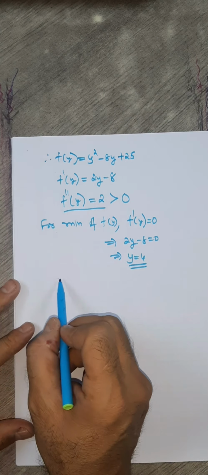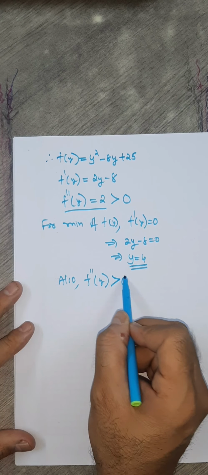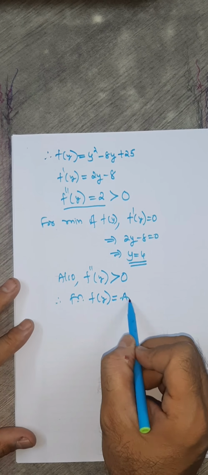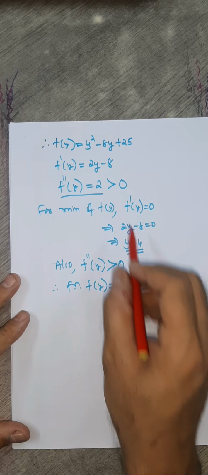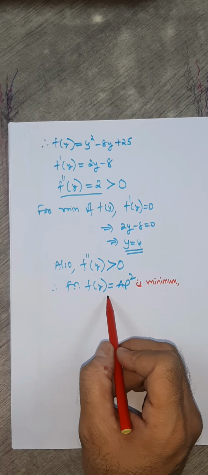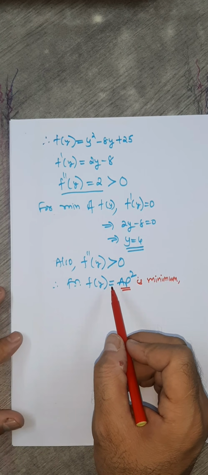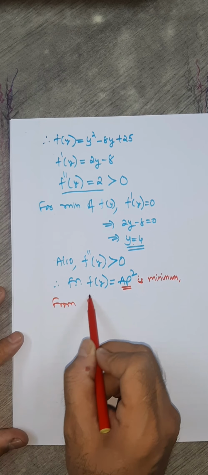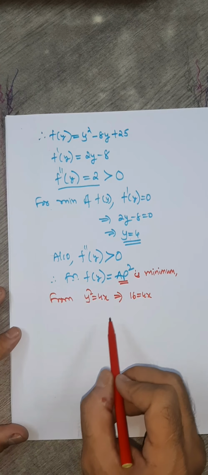Now it's quite obvious, but I'm just writing f double dash y is positive. Therefore the function f of y, which is AP squared, is greater than 0, therefore minimum. That is minimum. Now you don't want the distance. It can be asked for distance also, but you want that point on the curve. Now you have y equals 4, so from y squared equals 4x, using y equals 4, you will get 16 equals 4x.